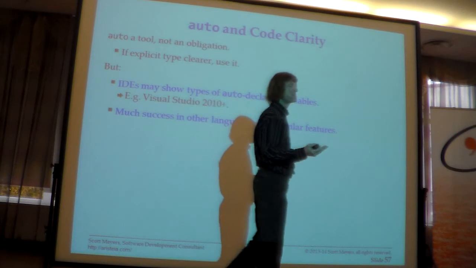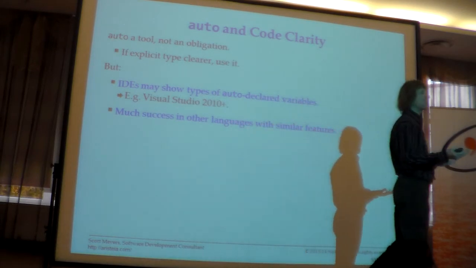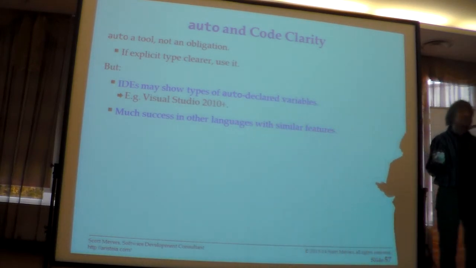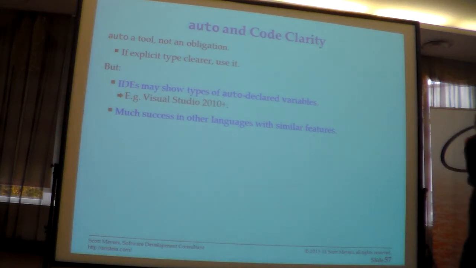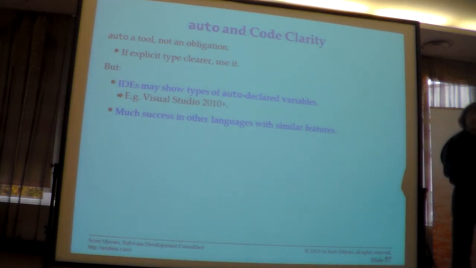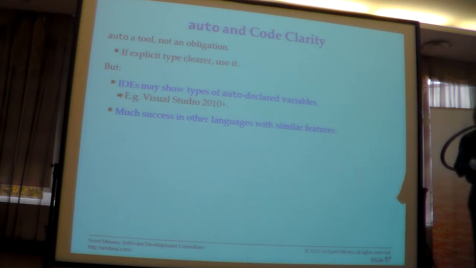C++ is adopting ideas that have been used in other programming languages for a long time with great success. So again, if you honestly believe that your code will be clearer by not using auto, fine. Use your best software engineering judgment. But at the same time, bear in mind that the technical advantages I showed earlier do exist, and C++ is simply catching up to other languages in terms of deploying this technology.